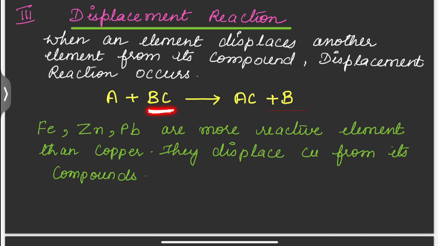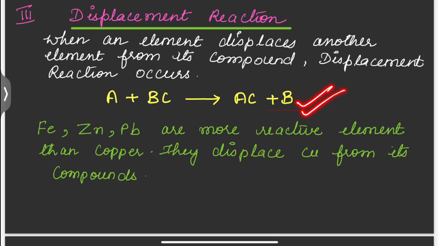In this compound you have two elements, element B and element C. In the product you can see B is displaced from this compound, and A is combined with C and AC is formed. So when an element A displaces another element B from the compound, then it is called displacement reaction.